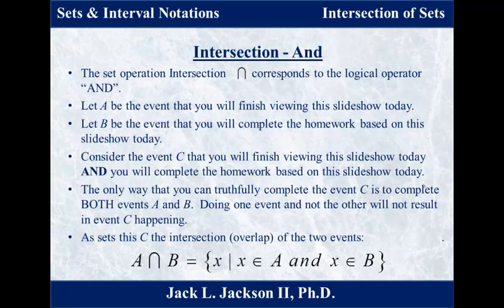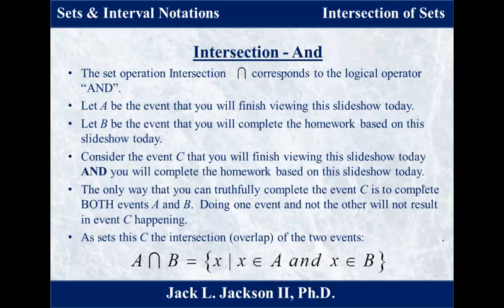The only way you can make C true is to complete both the events A and B. If you do A but not B, then you've made C false. If you do B but not A, you've made C false. And certainly if you don't do either one, you've made C false. The only way you can make C true is to make both A and B true. You have to satisfy both things.